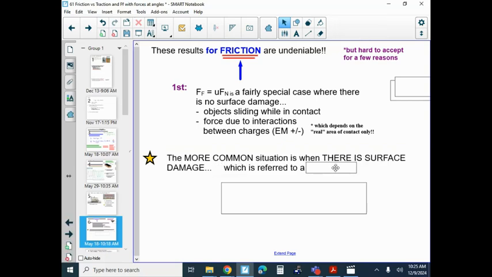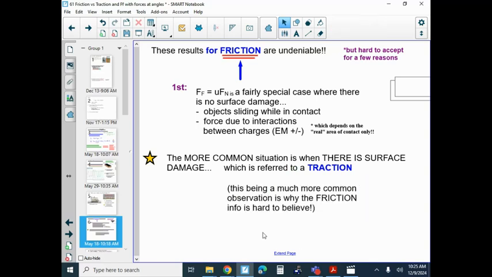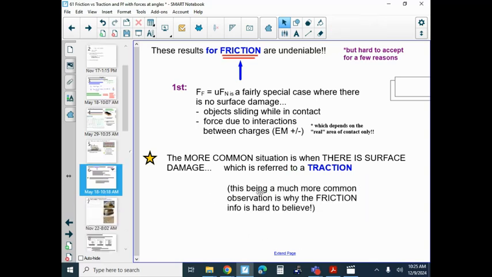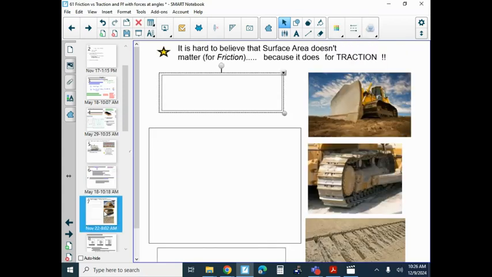But the more common situation where there is surface damage is traction. And because this is observed and basically experienced all the time, the result that friction only depends on the coefficient and normal force, not on surface area, is hard to believe, right? So some good pictures here help you think about traction.